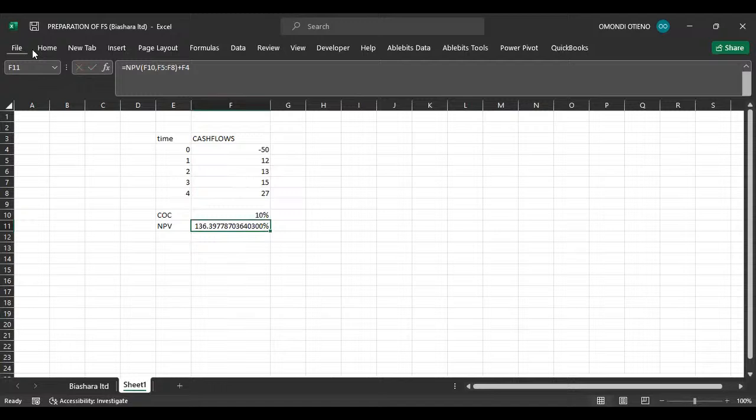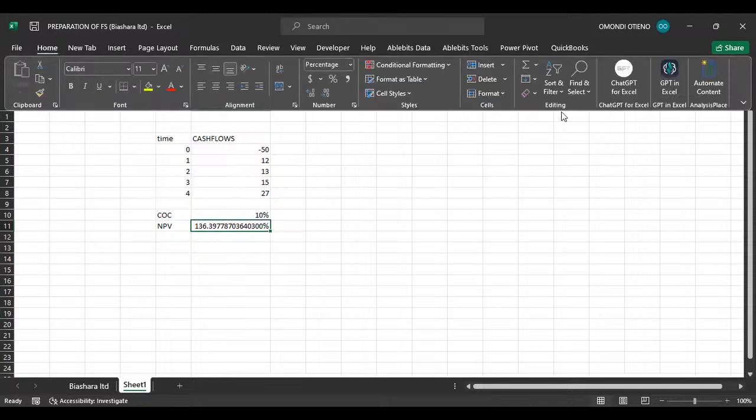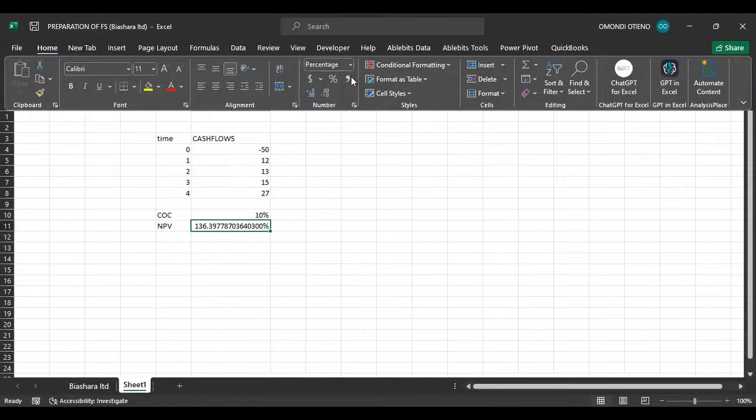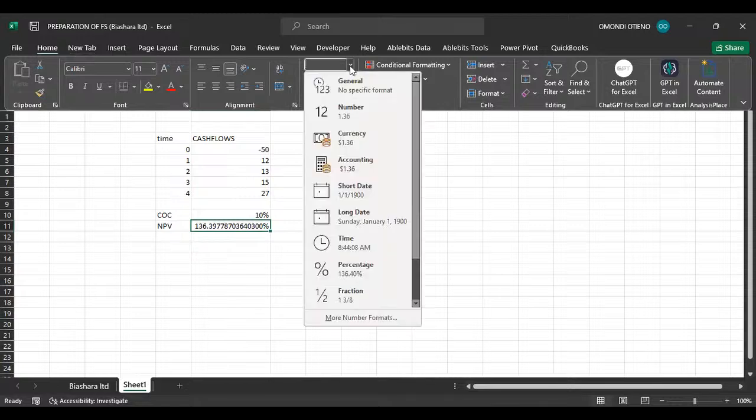Great. So not a problem. You're getting a percentage. That should never scare you away. Just go to the home tab, where you can see the percentages. You hit that arrow.